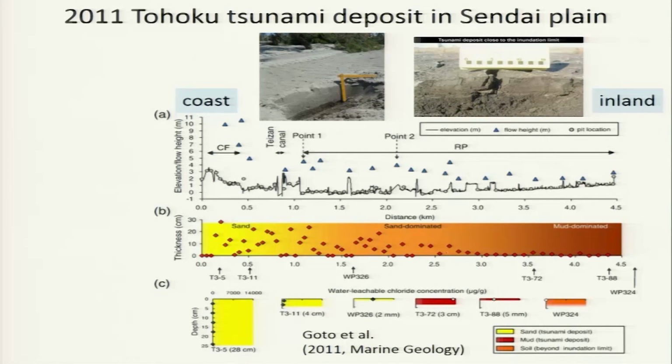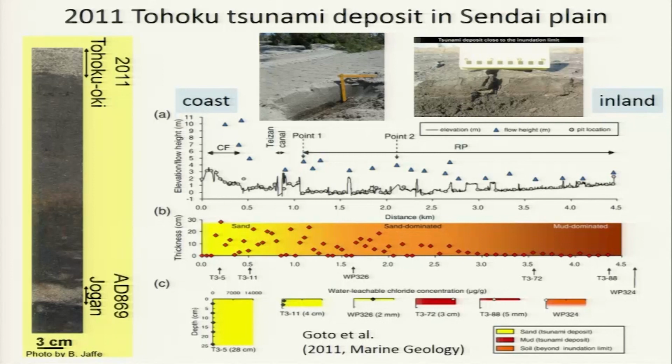So the sand stopped here, and this was sand dominated, of course, but beyond this, almost 1.5 kilometers of inundation was mud dominated. So again, this has come up as a very important parameter: we should not always rely on the sand limit as the inundation limit, but the mud can also indicate inundation by the tsunami.